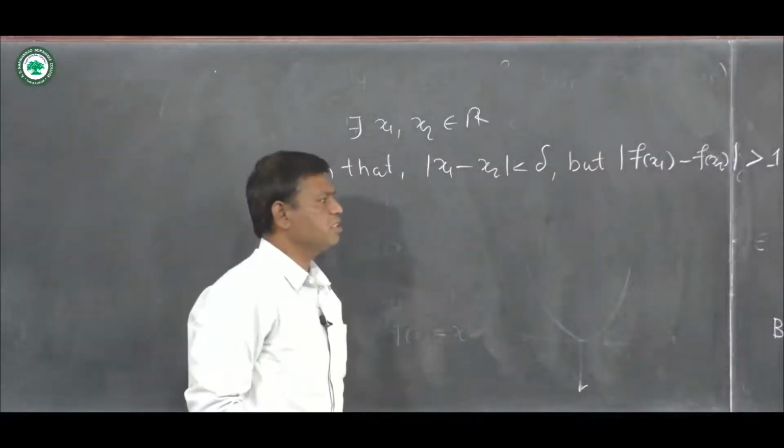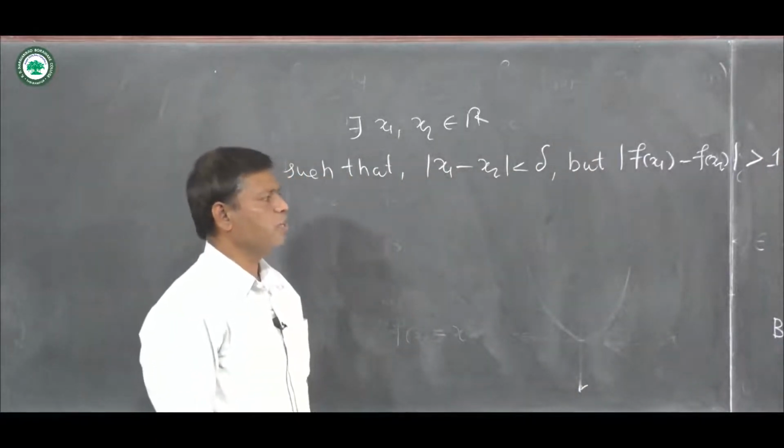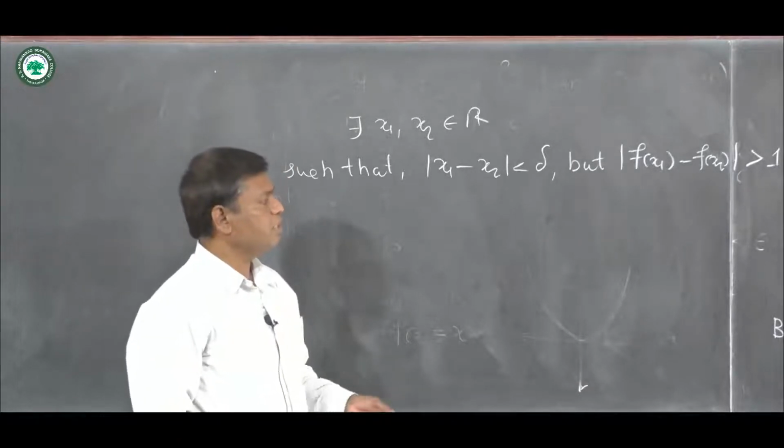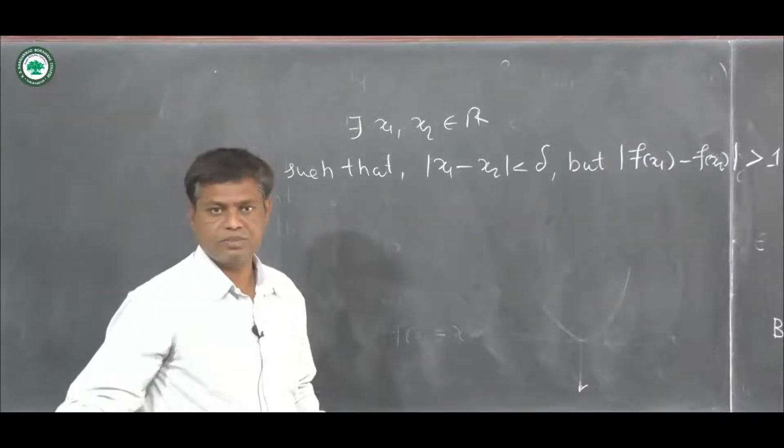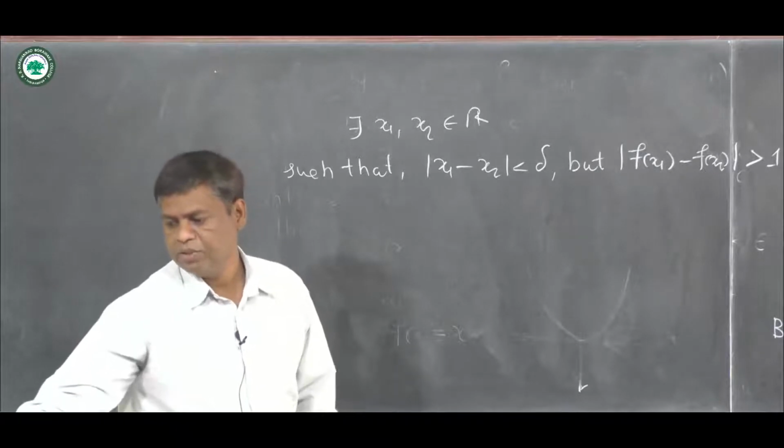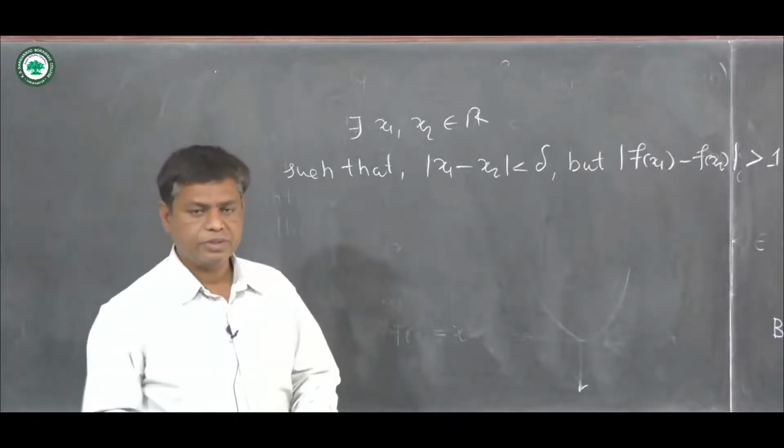So this function is not uniformly continuous. So f of x equal to x square is continuous but not uniformly continuous. Now we are going to see one theorem.